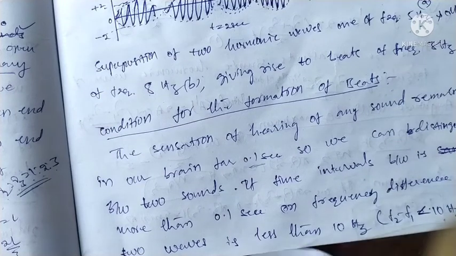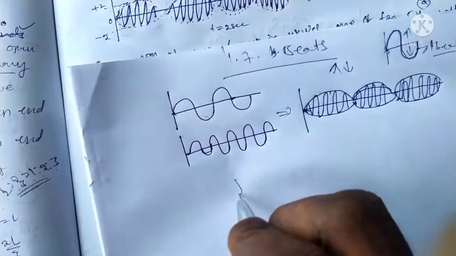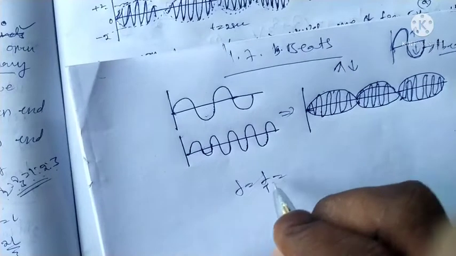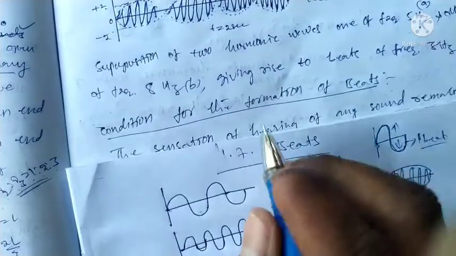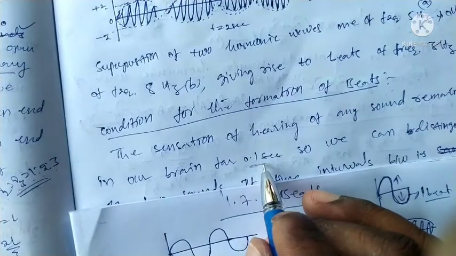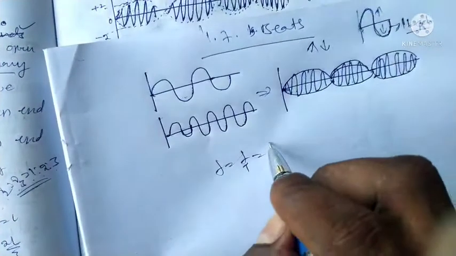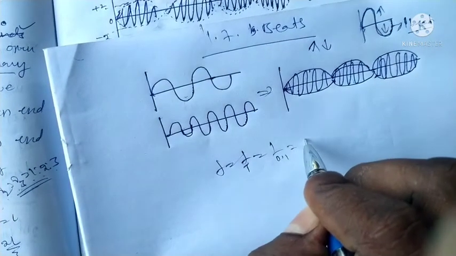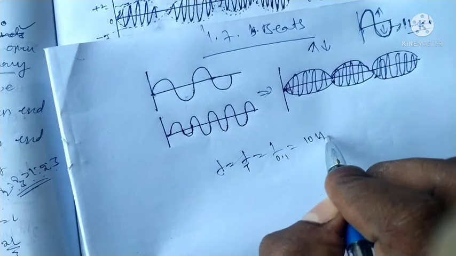What is the relation between frequency and time? The time we can resolve is 0.1 second, that means 1 by 0.1, that is 10 hertz.